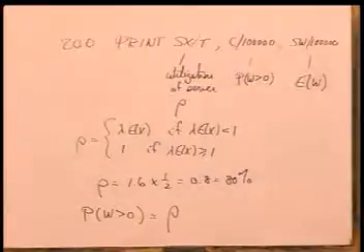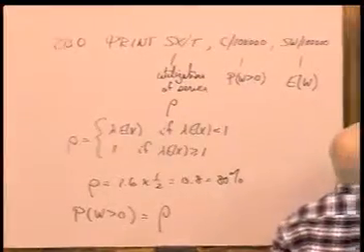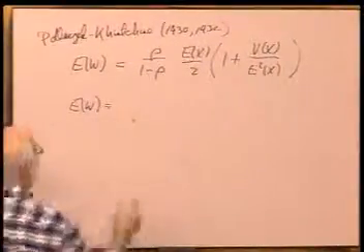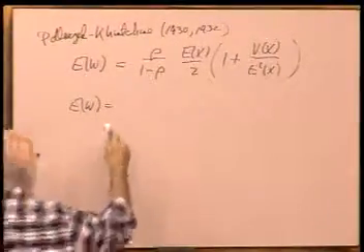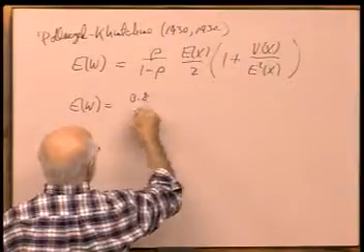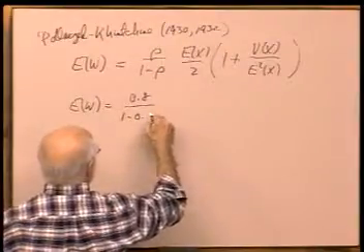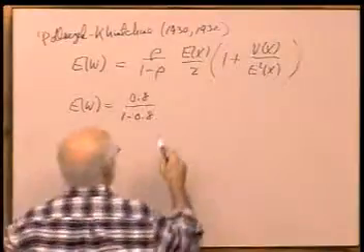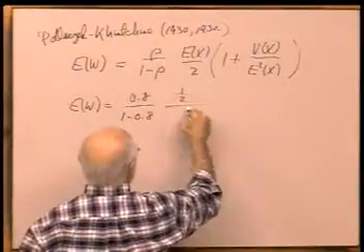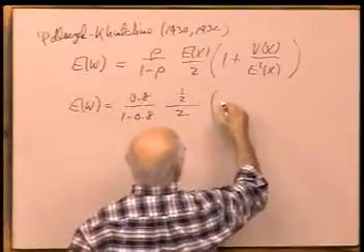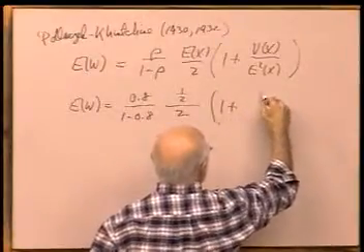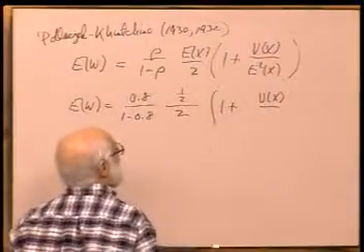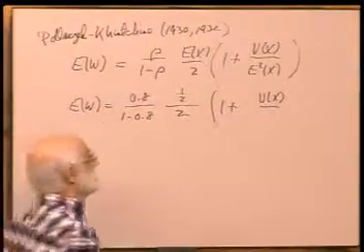So what does this predict for our particular case? In our particular case, our rho is equal to 80%. The average service time is equal to 1/2. The variance varies, and the average squared is 1/4.